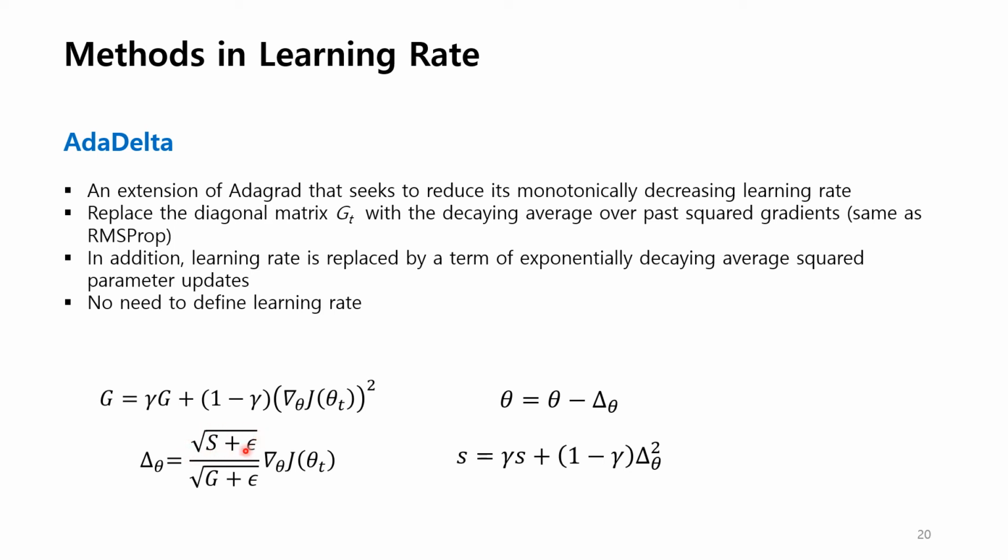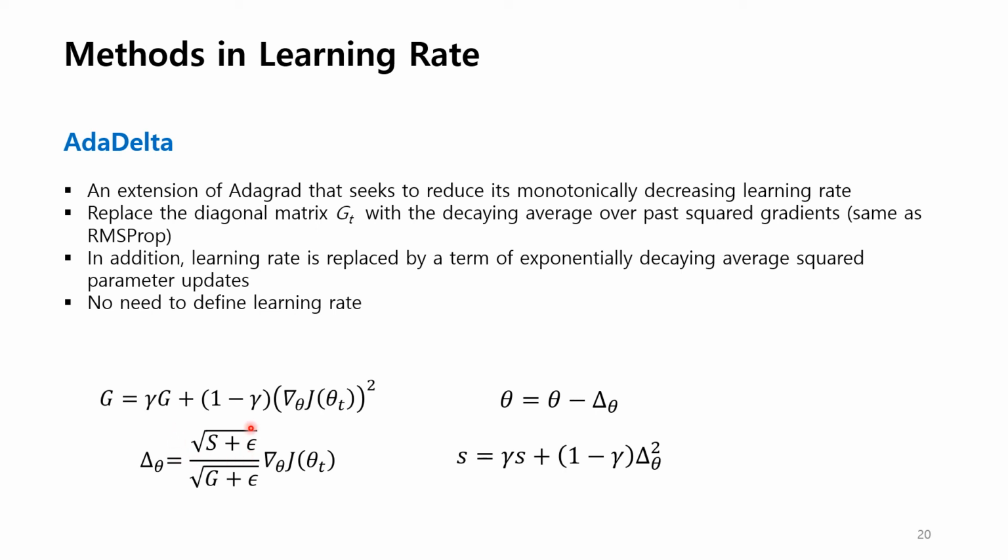If you replace this by eta constant here, then this whole thing is RMSProp. In AdaDelta, instead of using constant eta here, they replace this eta by this one. This one replaces the constant learning rate.